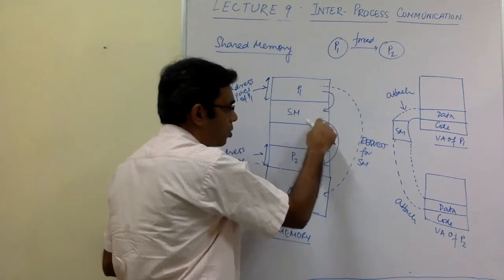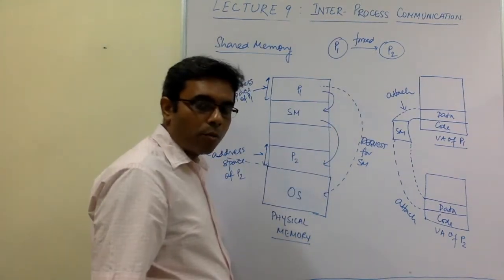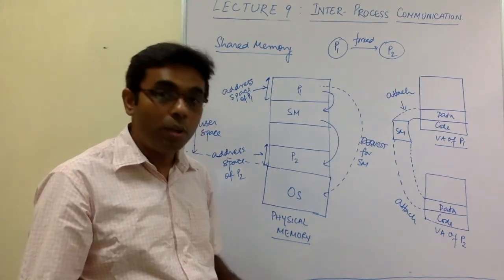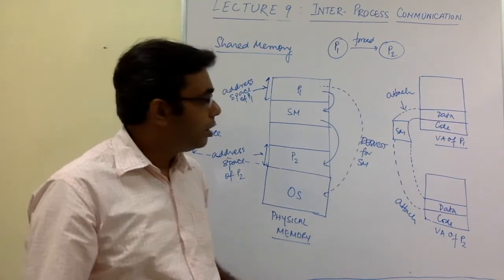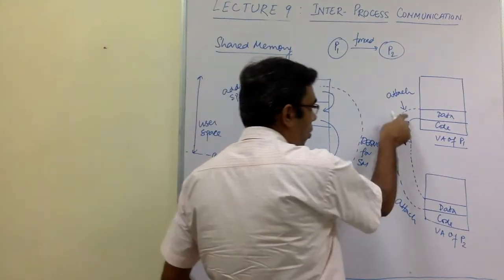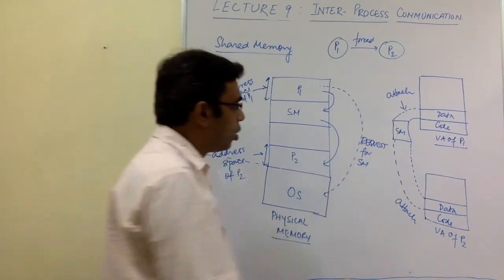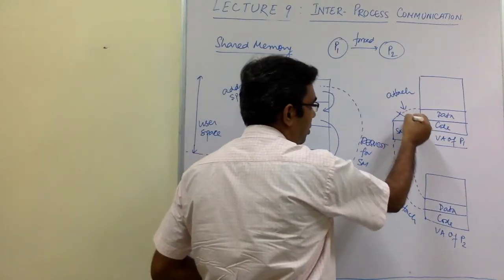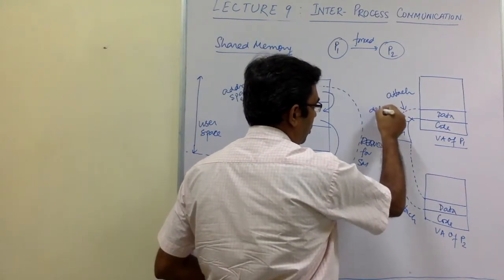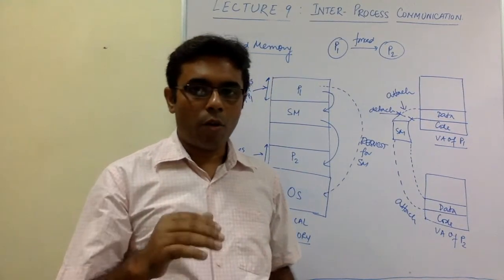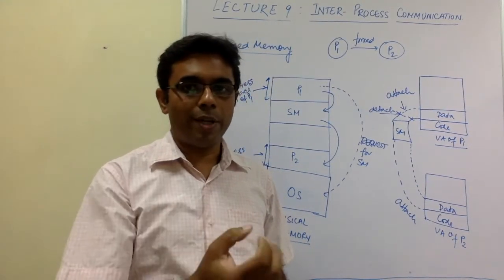Once this reading and writing is over, the next thing to do is that whatever shared memory has been attached to the data segment should now be detached. It has to be removed from the data segment of both P1 and P2 so that the OS can reclaim it.